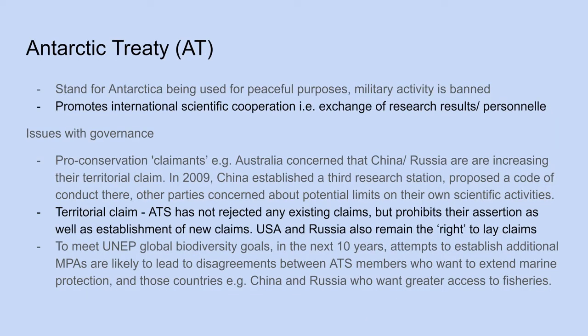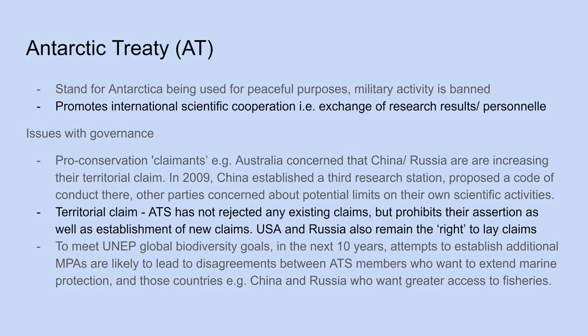The Antarctic Treaty stands for Antarctica being used for peaceful purposes, and military activity is banned. It promotes international scientific cooperation, for example, exchanging of research results and personnel, so they can reduce the amount of impact done on Antarctica, and they do this by a couple of different countries sharing the same results.